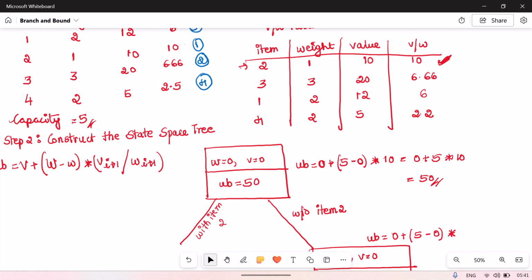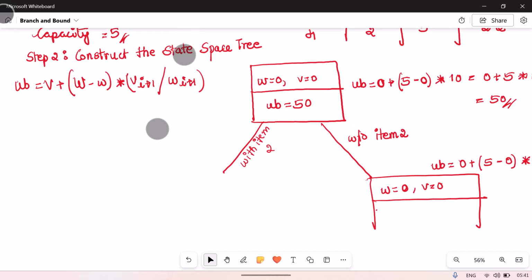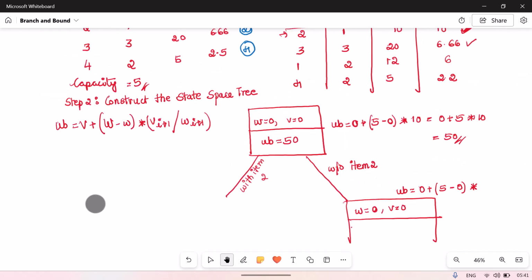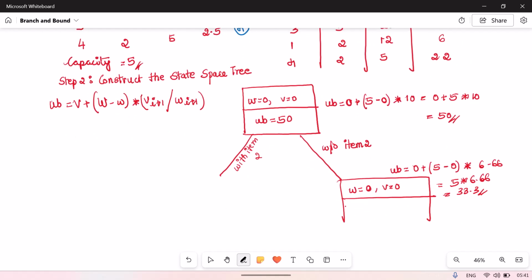So next item's ratio will be considered. So this is 6.6. Okay, it will be 6.66, because this is for the next item we'll consider, right? That is why it is 6.66. So it will be 5 times 6.66, which is equal to 33.3. So this value becomes 33.3 upper bound.